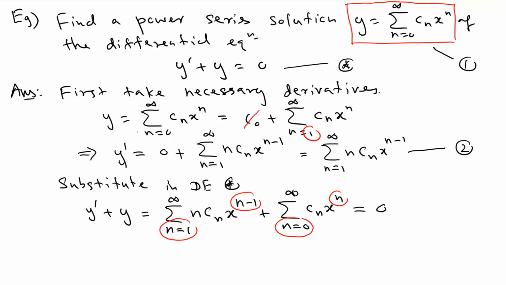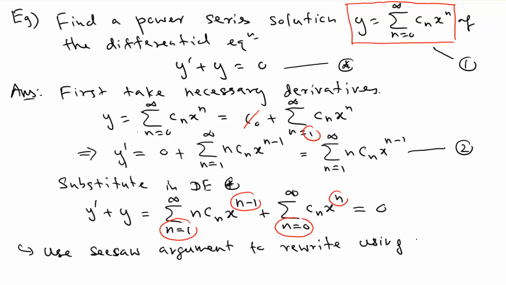We use the seesaw argument to rewrite this using one index.